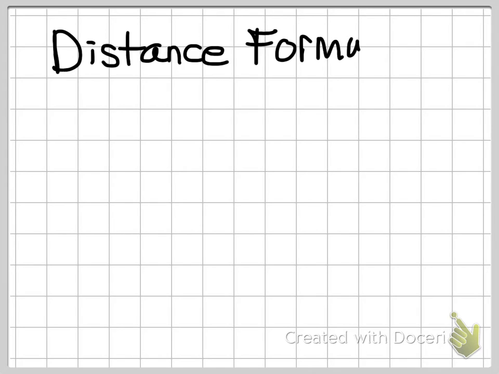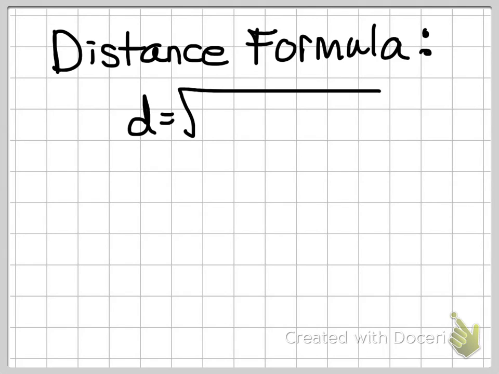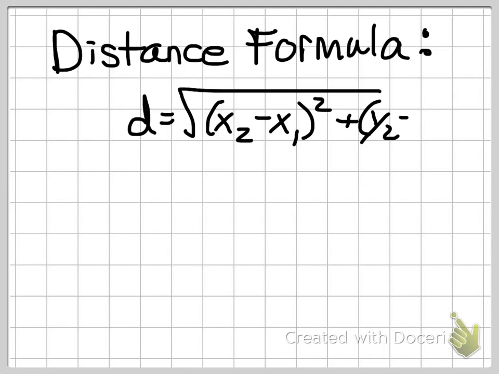The distance formula is a shortcut way. It's derived from the Pythagorean theorem, and so it cuts out a few of the steps that we just had to do. So the distance formula is one you're going to need to add to your bag of tricks. Just like you know the Pythagorean theorem is a squared plus b squared equals c squared, the distance formula is distance equals the square root of x2 minus x1 squared plus y2 minus y1 squared.